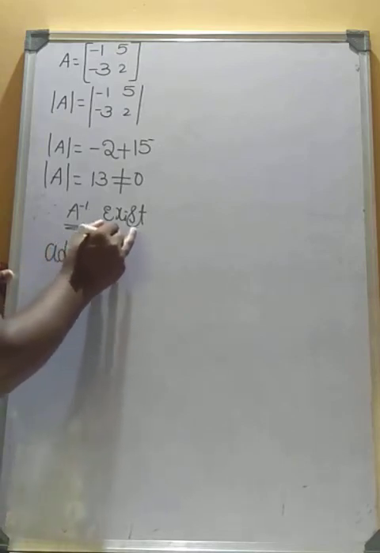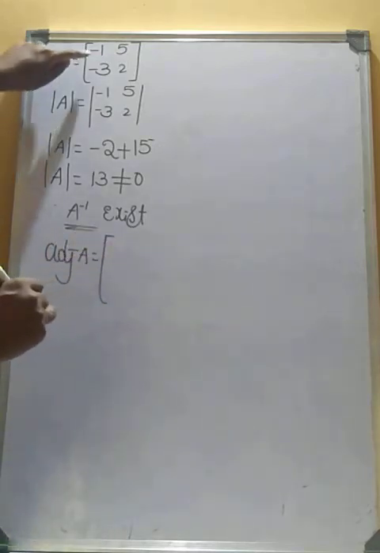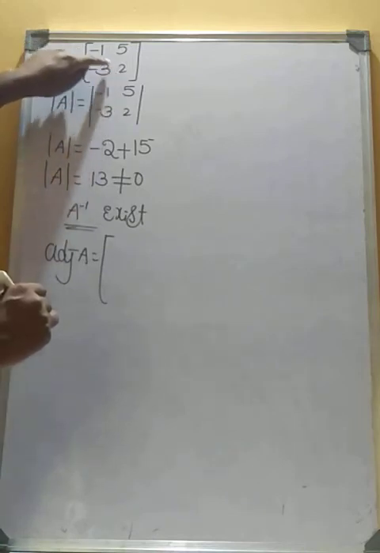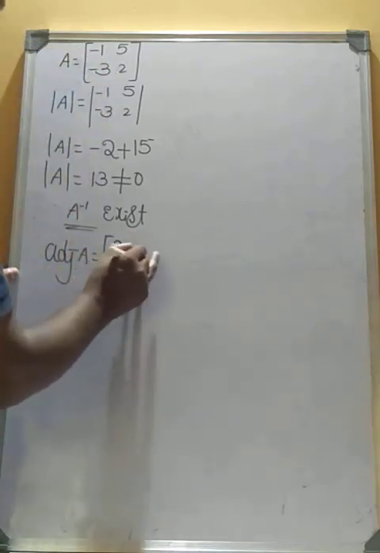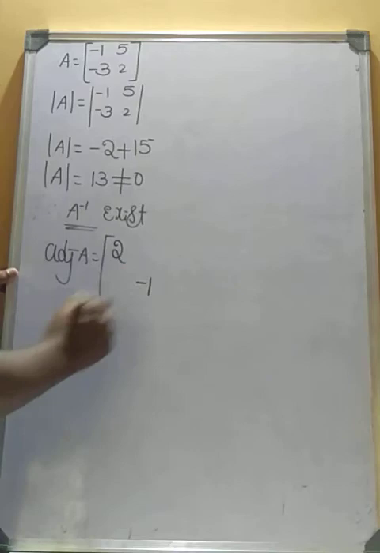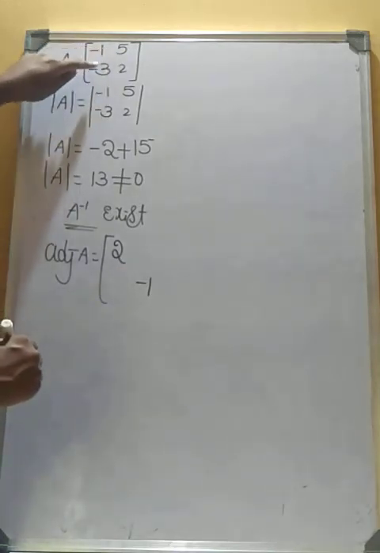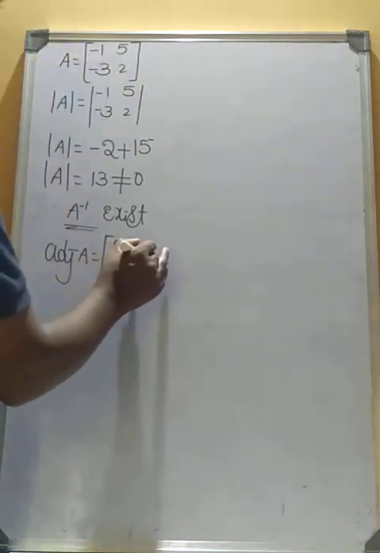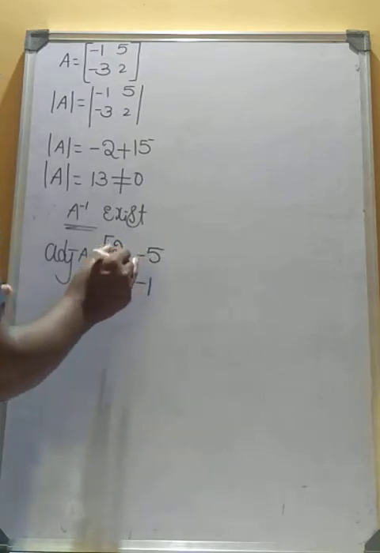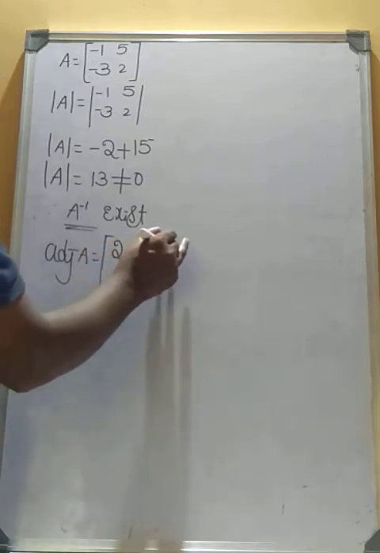Adjoint A is equal to: interchange the principal diagonal elements, 2 and minus 1, and the non-diagonal elements change sign, minus 5, and minus into minus plus 3.